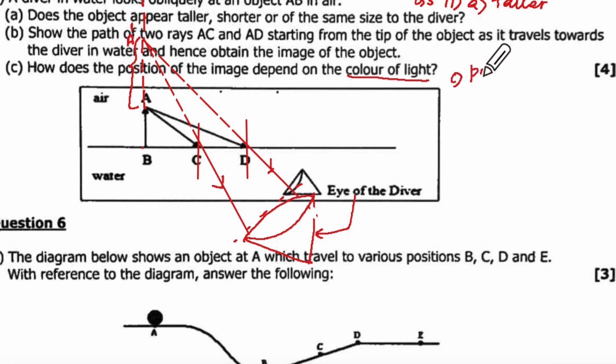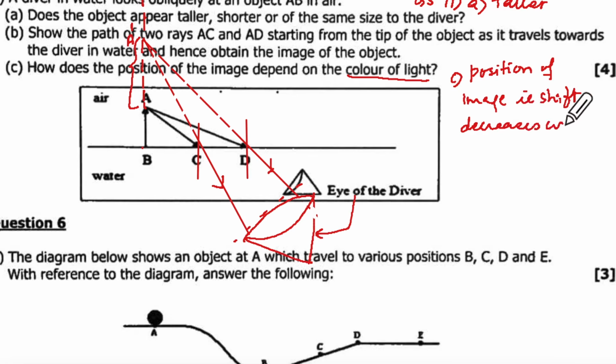The position of the image, that is the shift, is inversely proportional, so you will say decreases with increase in wavelength. This will be easier for you to remember.